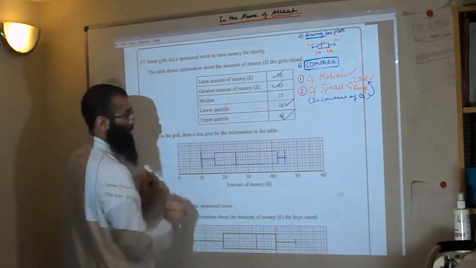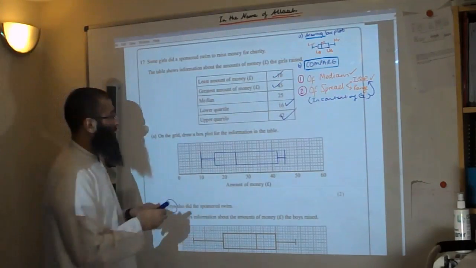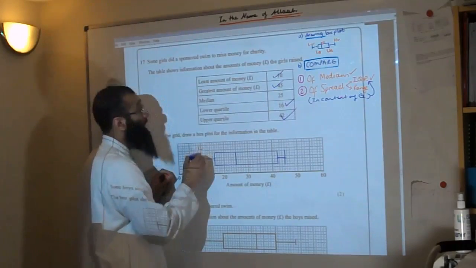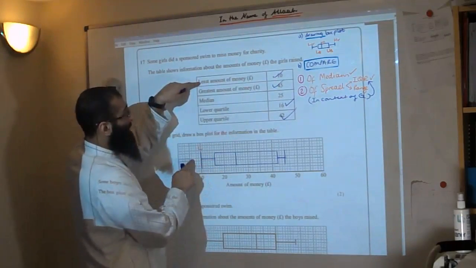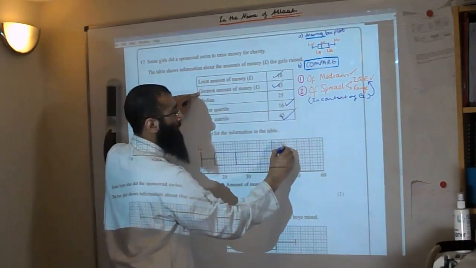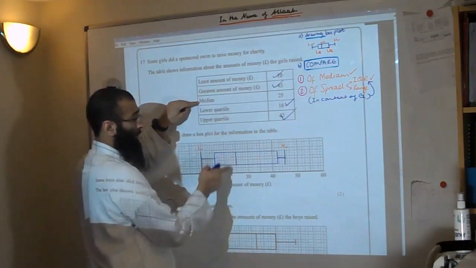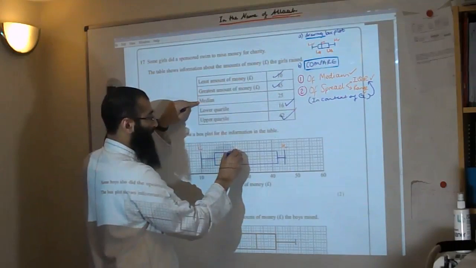Okay, lovely. So I'm just going to reiterate those values. So the lowest value went over here, the least amount of value. And the greatest value went over here, which is the highest value, 45, right here. The median is the line inside the box.